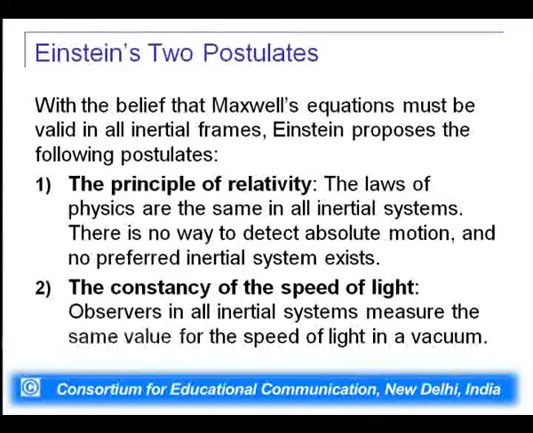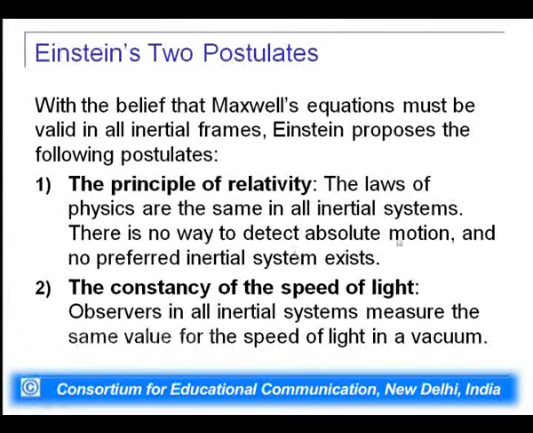With the belief that Maxwell's equations must be valid in all inertial frames, Einstein proposed the following postulates. The first postulate was the principle of relativity. What does it mean? The laws of physics are the same in all inertial frames, either static or moving.